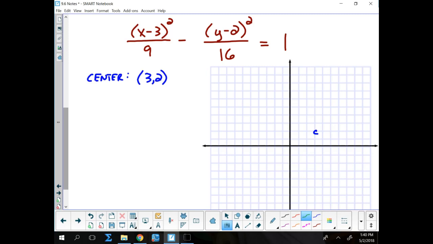Three, so I go left and right 3. B value 4, so I go up and down 4. So there's my box.